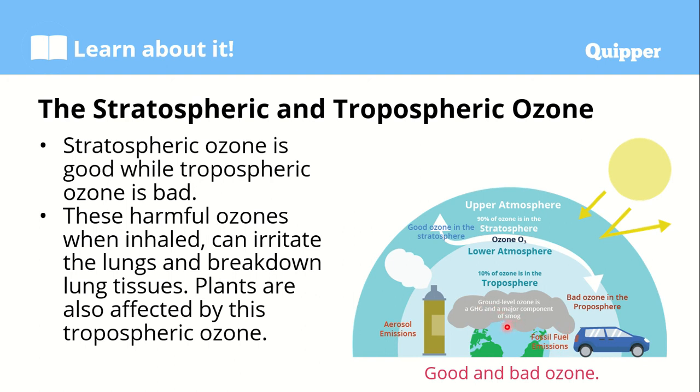Tapos once you inhale a smog, makadaot na siya sa atong lungs, or dili na siya desirable kay once nag-mix na si ozone with any other components just like aerosol emission or fossil fuel emission, naay chemical reaction nga mahitabo dira, which is not really good.